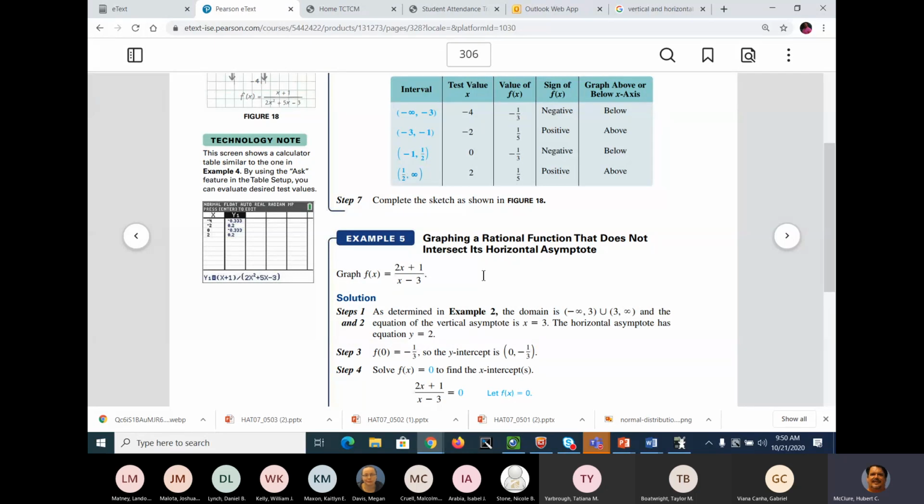So f of x is equal to 2x plus 1 divided by x minus 3. Okay, I want you to do, and we can do the y and x intercept. We can do that too. So let's go there.